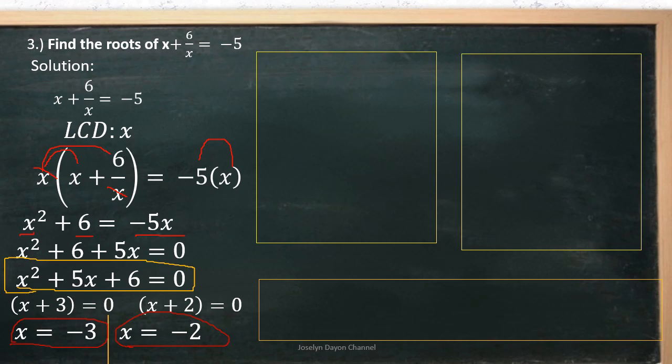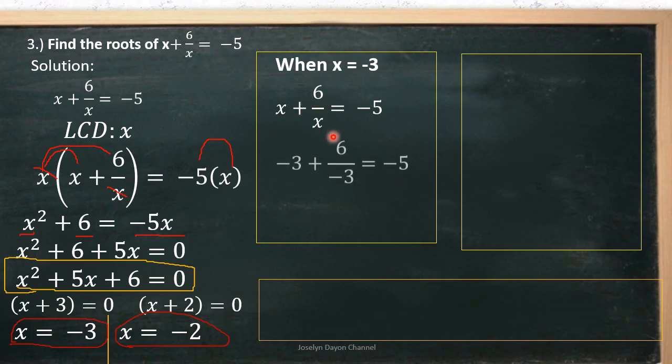Now we are going to check to verify if our answers are really the solutions of the given equation. When x is equal to negative 3, copy first the equation. Next, substitute. So x will be substituted by negative 3. So we have negative 3 plus 6 over negative 3 equals negative 5.